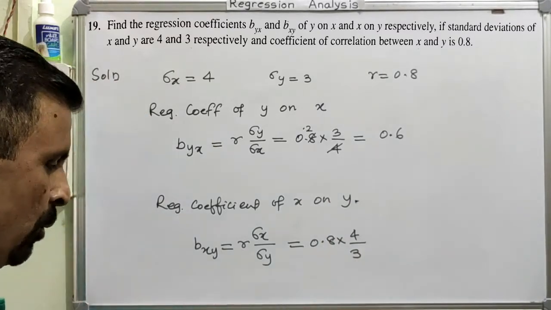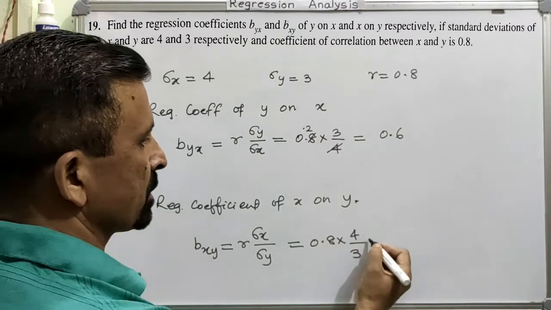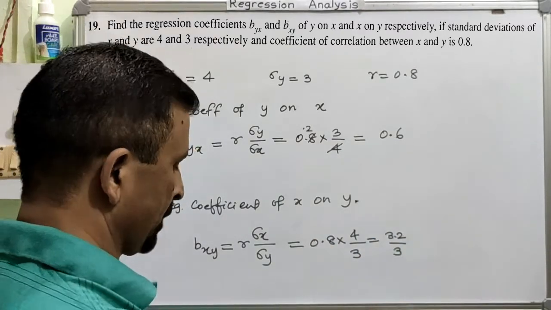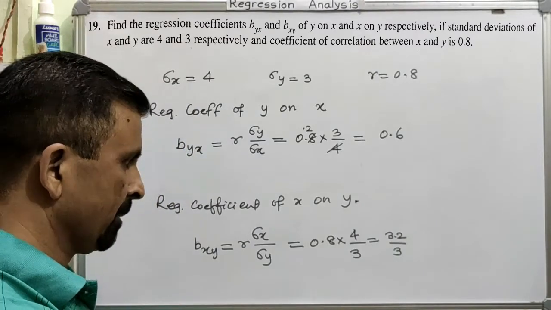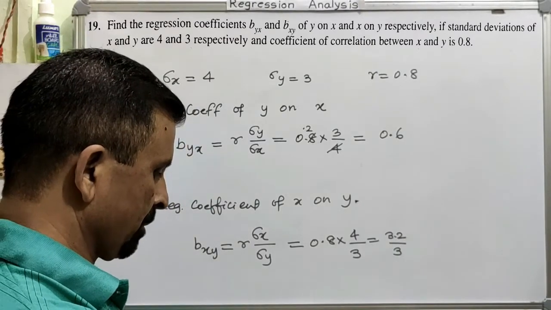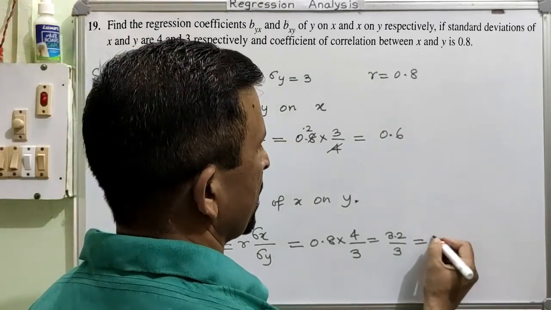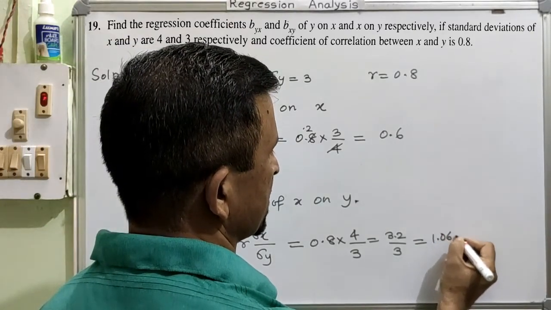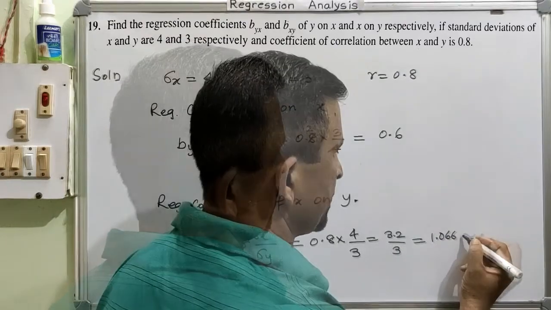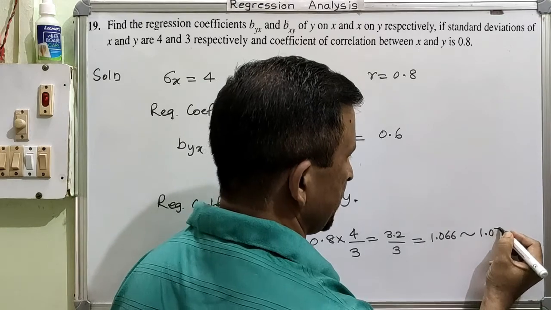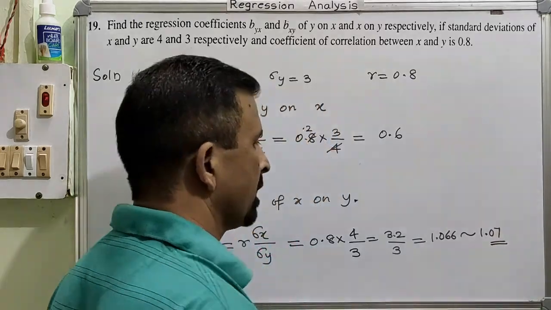Multiplying these, this becomes 3.2 divided by 3. When you divide 3.2 by 3, the answer is 1.066666, approximately 1.07. This is your answer.